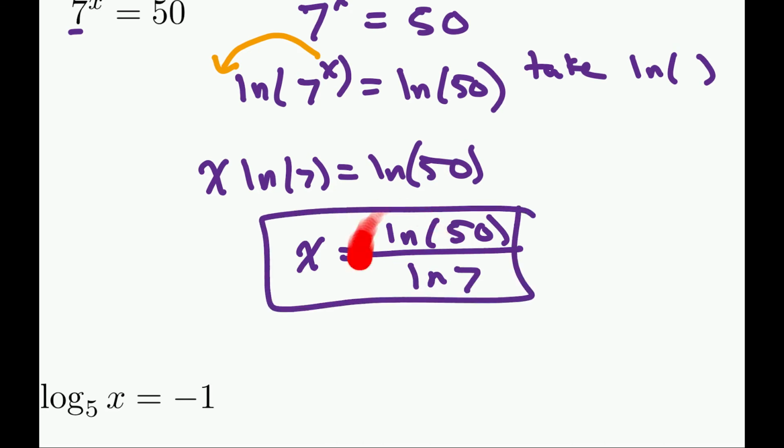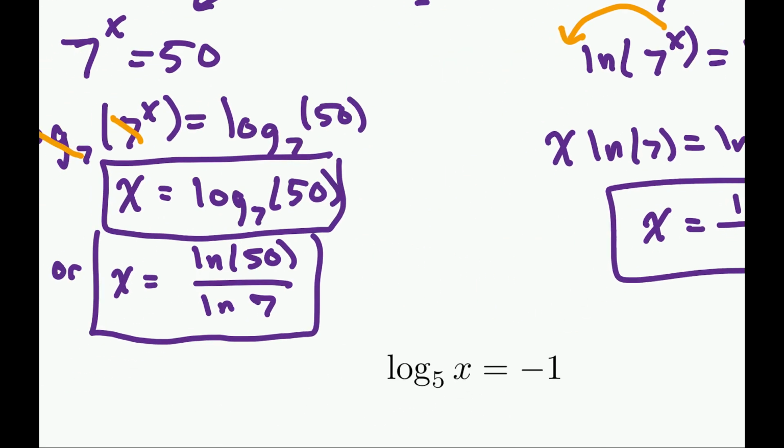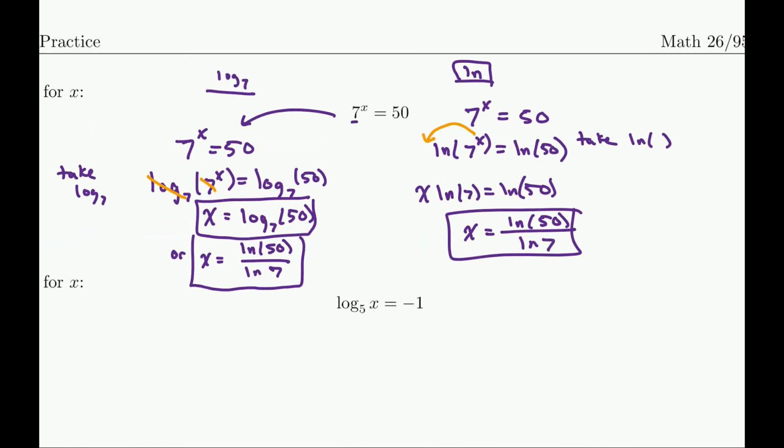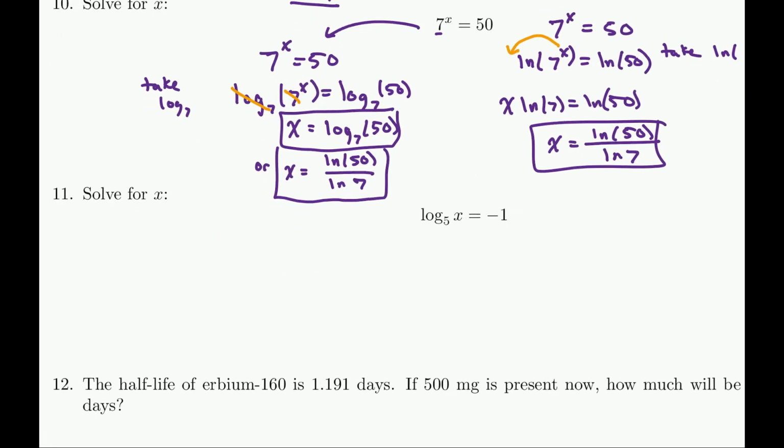And this right here is exactly what we had over here. So it doesn't matter how you solve it. There's multiple ways, and you'll still get the same answer. Okay, so I just wanted to show you that there are two different ways to do that. And there they go.